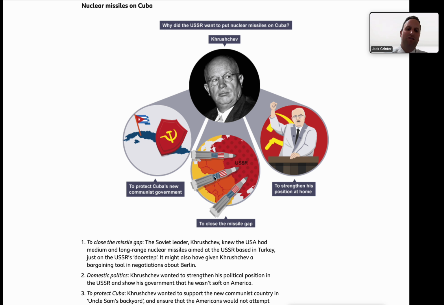It says there, the second part, look, to close the missile gap, because the United States had missiles based in Turkey, which borders the Soviet Union. So Khrushchev wanted to match how the USA had them there. And finally, Khrushchev wanted to look strong domestically. So he thought that if he can get missiles based on Cuba, his position in the Soviet Union would be strengthened.